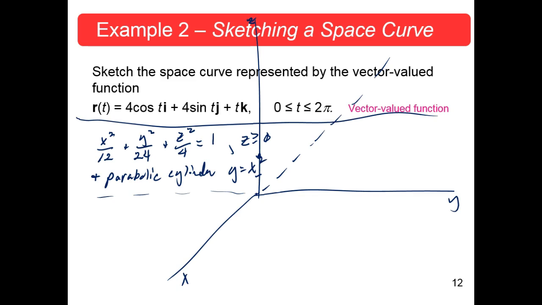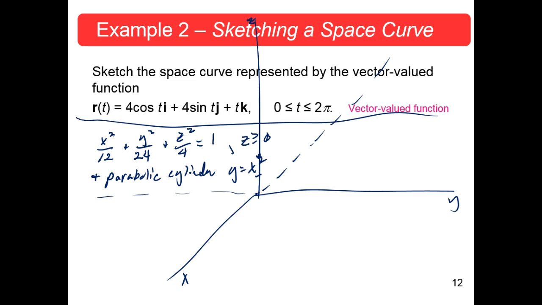Now, let's choose y and z both 0. So now we're on the x-axis. So x must be the square root of 12, right? The square root of 12 is 2 times root 3.